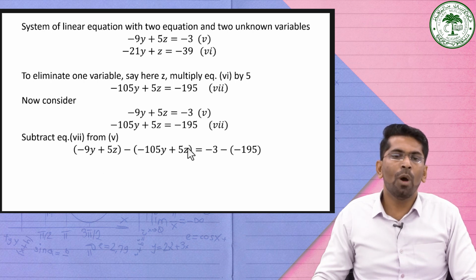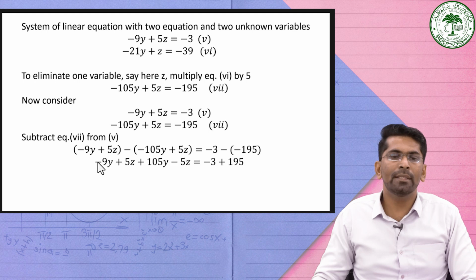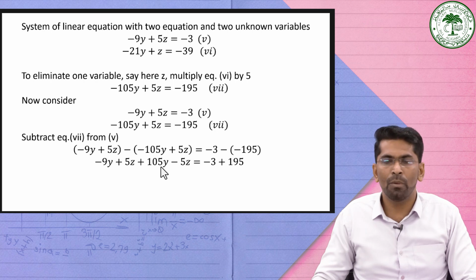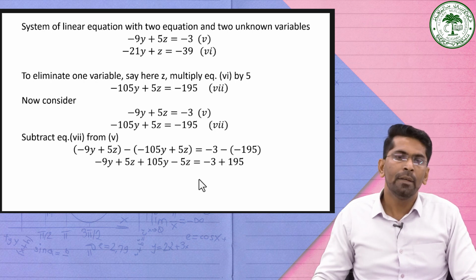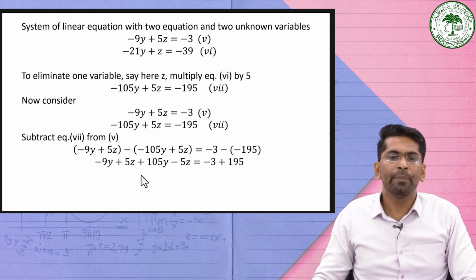So here I am going to open the bracket. So minus 9y plus 5z. See here, minus into minus 105y will become plus 105y. Then minus into plus 5z will become minus 5z, which is equal to minus 3, minus into minus will become plus 195.